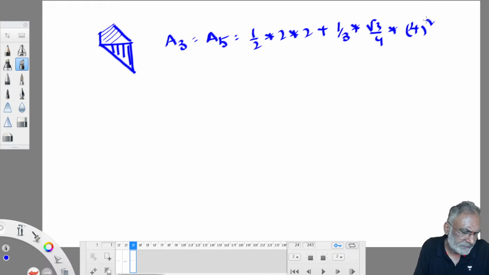So root 3 by 4... So it is 2.309 plus 2.